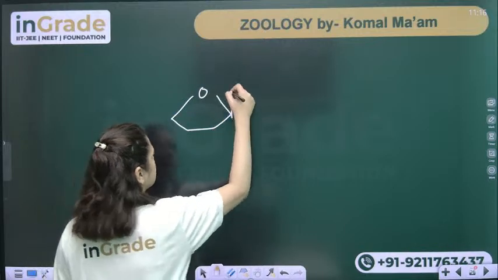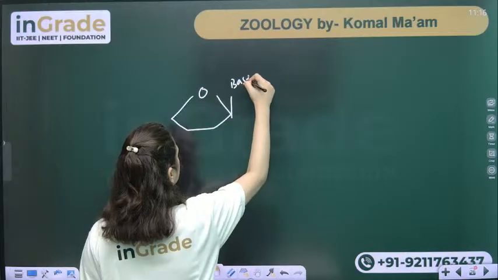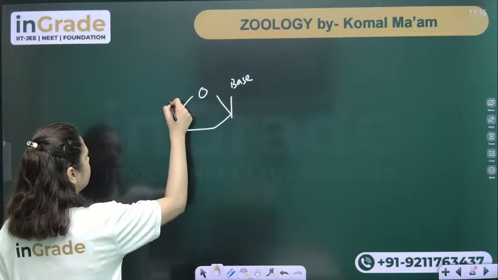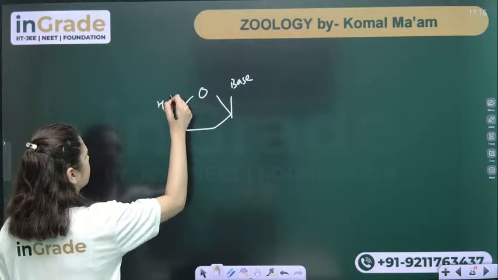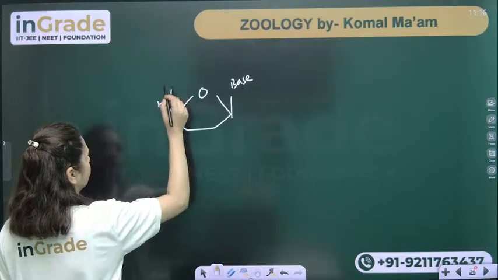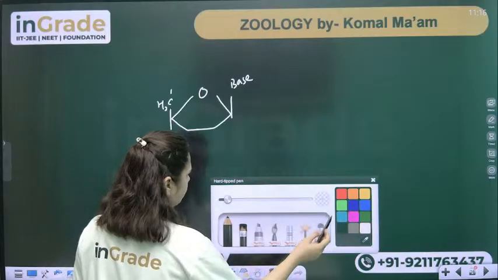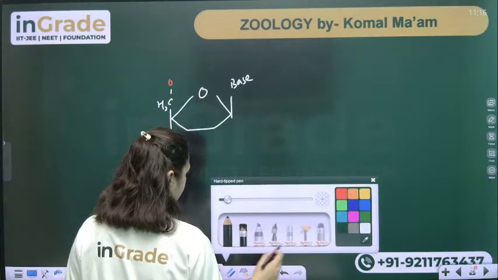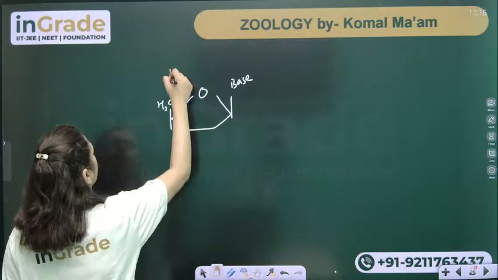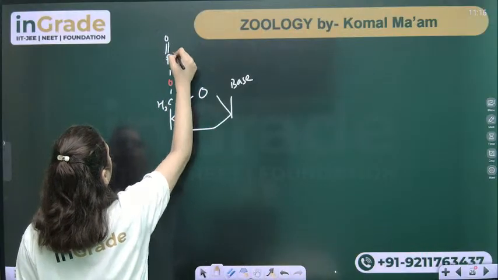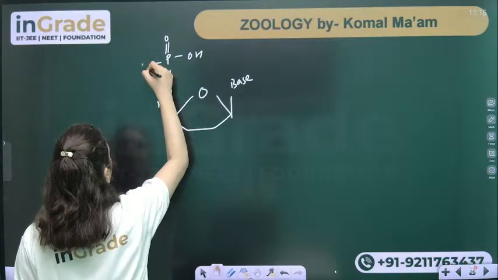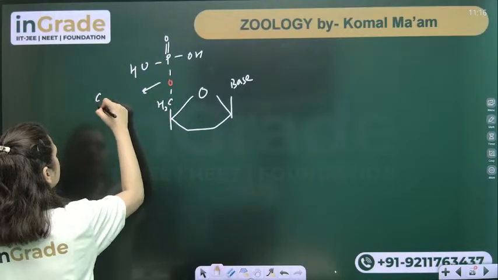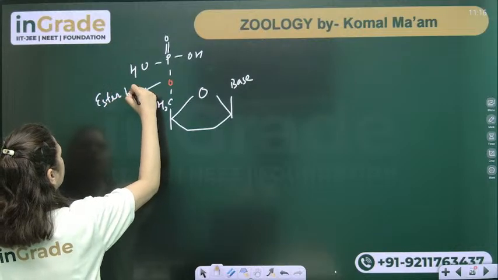Then we have a base here. Then we have a phosphate group here. Okay, so this is the ester bond, right? This bond is an ester bond.